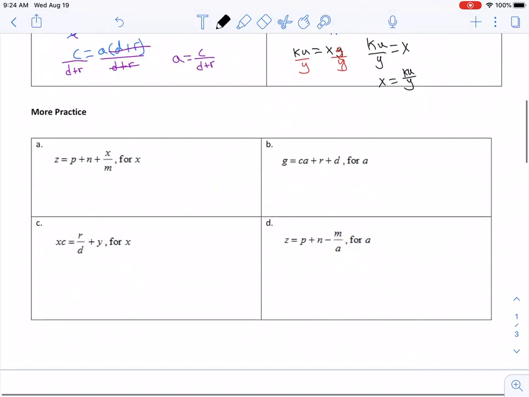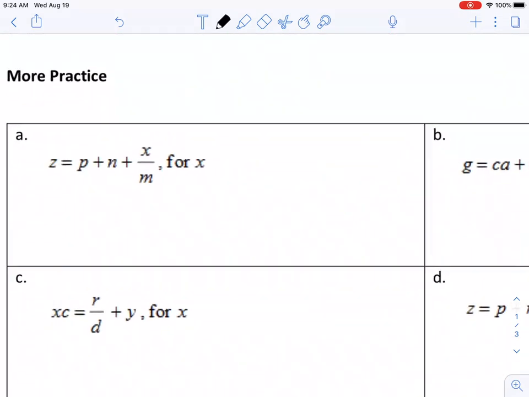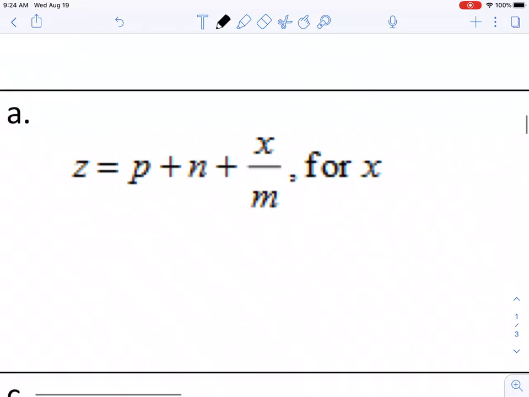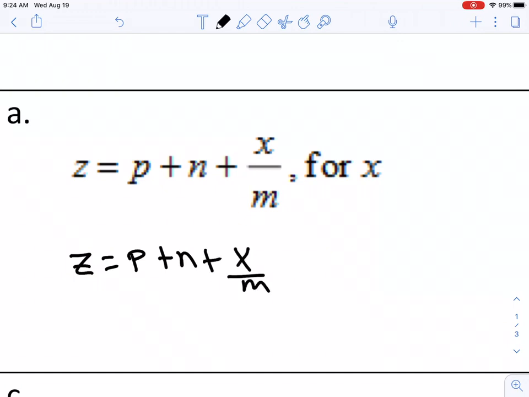Let's look at some more practice problems. These are getting increasingly more complex, but I want you to see how we are able to handle these. So if I need to get x by itself in this example, so I have z equals p plus n plus x divided by m. And I am trying to get x by itself.